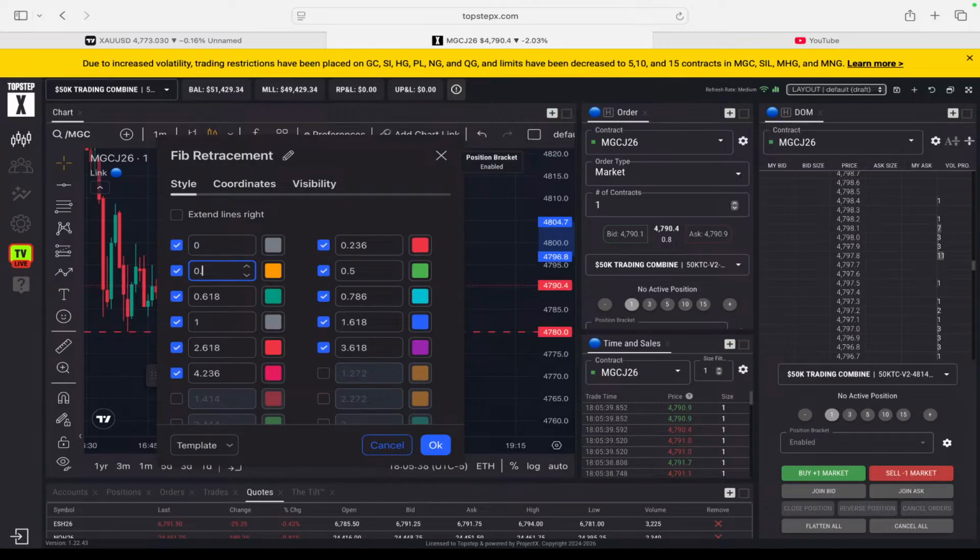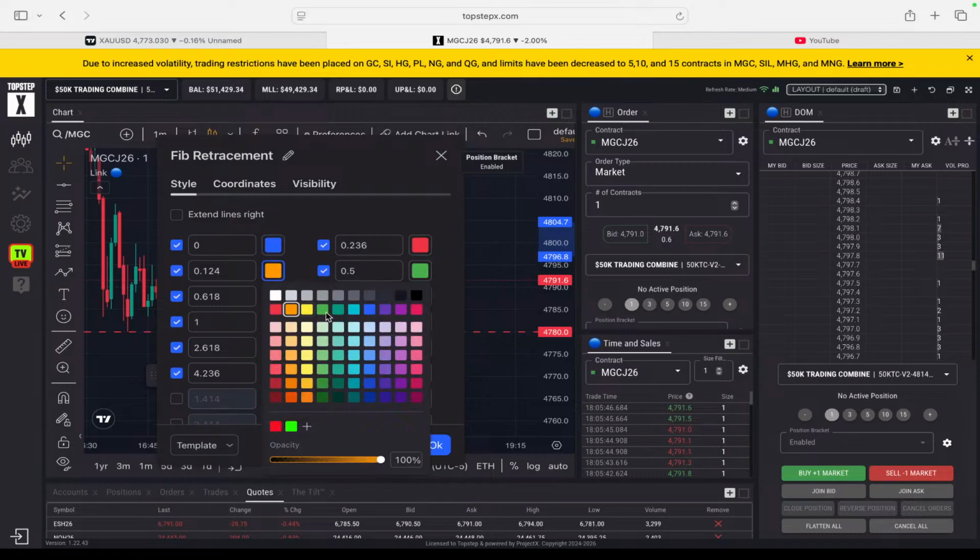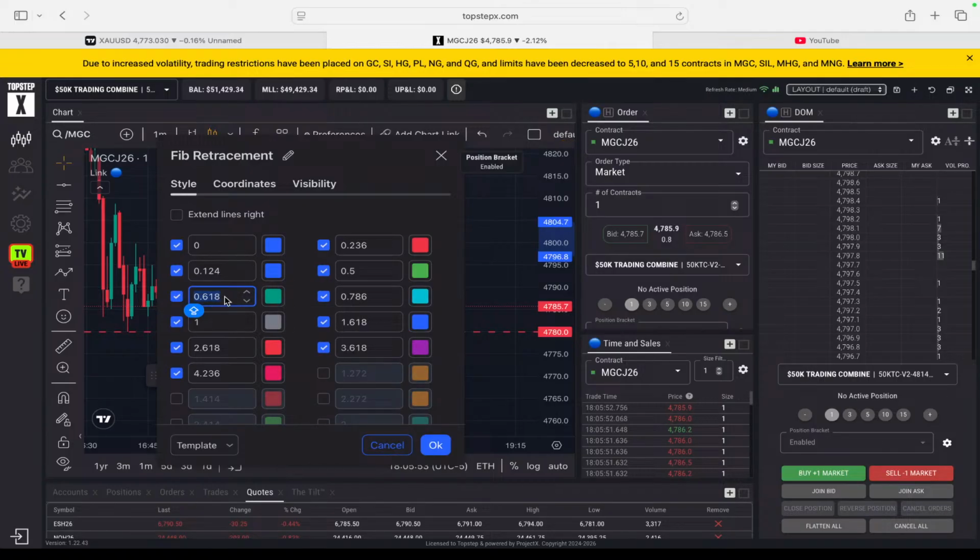0.124. Make this blue. 0.32. Wait, what?